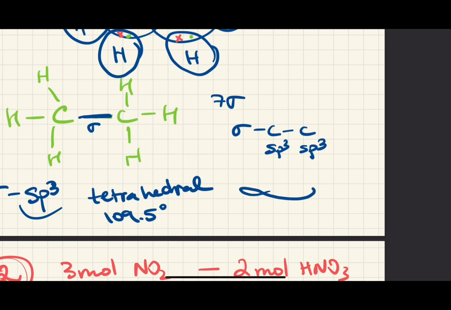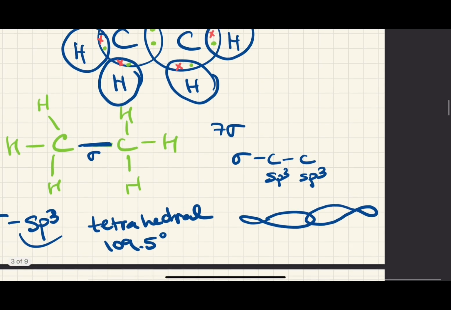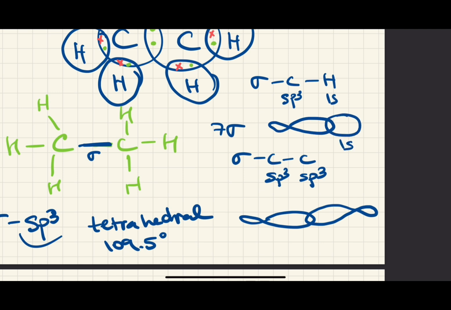So they will all look the same, so this is the overlap for them. And then the bond between the carbon and hydrogen, because we have 6 of them the same, we have sigma made between the sp3 of the carbon and 1s of the hydrogen, and this is the way it looks. So 1s of the hydrogen, and this is the sp3 of the carbon.